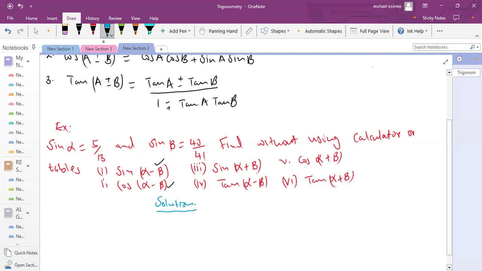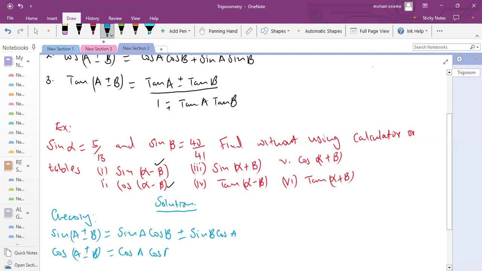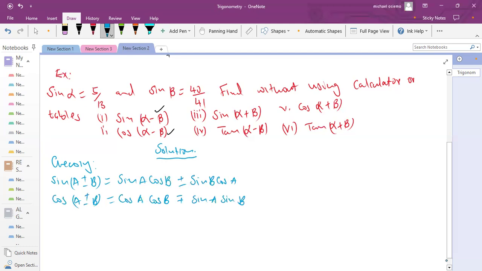So clearly, we have said that the compound angle formula, sine A plus or minus B, is equal to sine A cos B plus or minus sin B cos A. We also have cos A plus or minus B is equal to cos A cos B minus or plus sin A sin B. Now in this case, we will be needing cos alpha and cos beta.